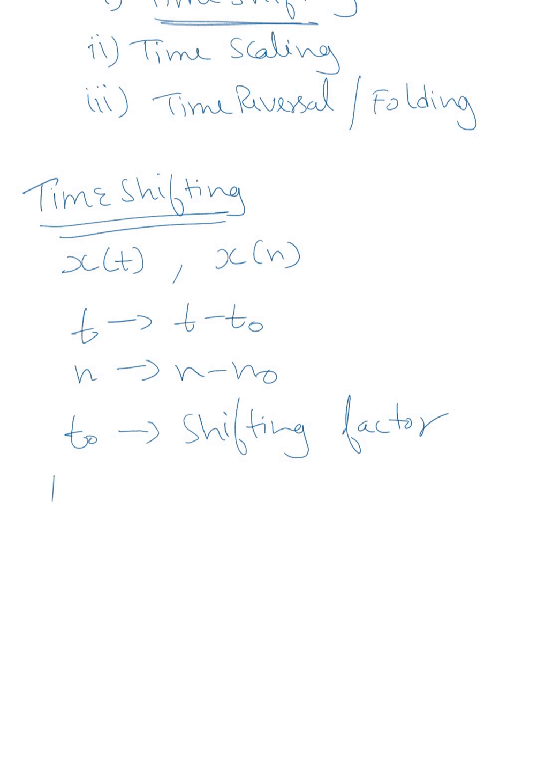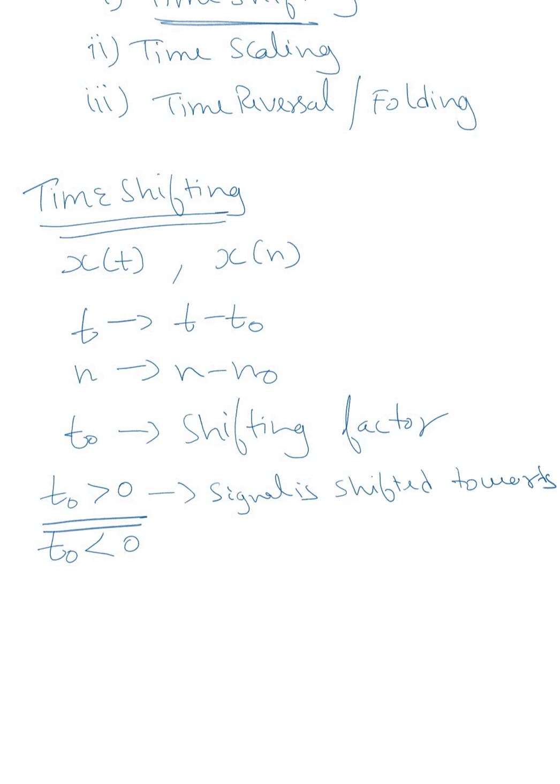So there can be conditions that t naught is greater than 0 or t naught can be less than 0. When t naught is greater than 0, in that case, the signal is shifted towards right. Always remember, when t naught is greater than 0, the signal is shifted towards right, or we can say that the time shift results in the delay of the signal.